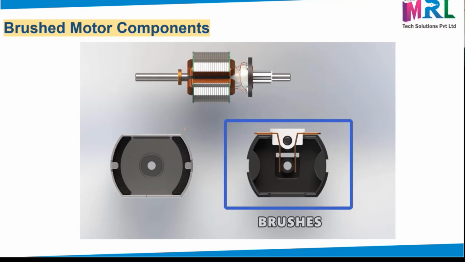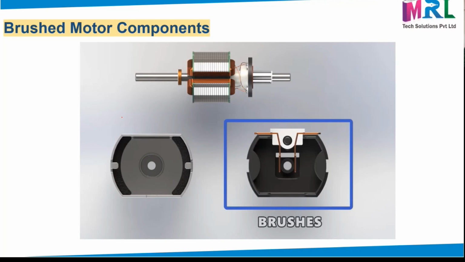You can write: a brush is a device that conducts current between stationary wires and moving parts. Through this you will apply the electrical signals.